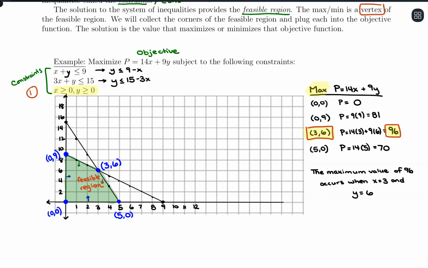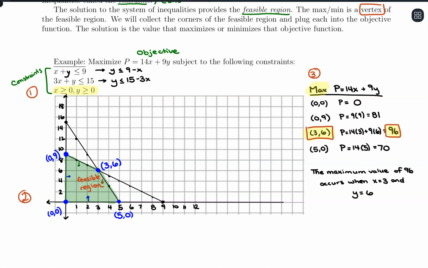Then that'll give us a feasible region, and we want to grab the vertices of that feasible region. And then we go to our objective function and plug in those vertices. And then depending on whether we want to minimize or maximize, find the one that's giving the minimum or maximum value, and that's going to link a coordinate and a value together to give you your final solution. We'll go through a lot more examples of this, but this will get us started.